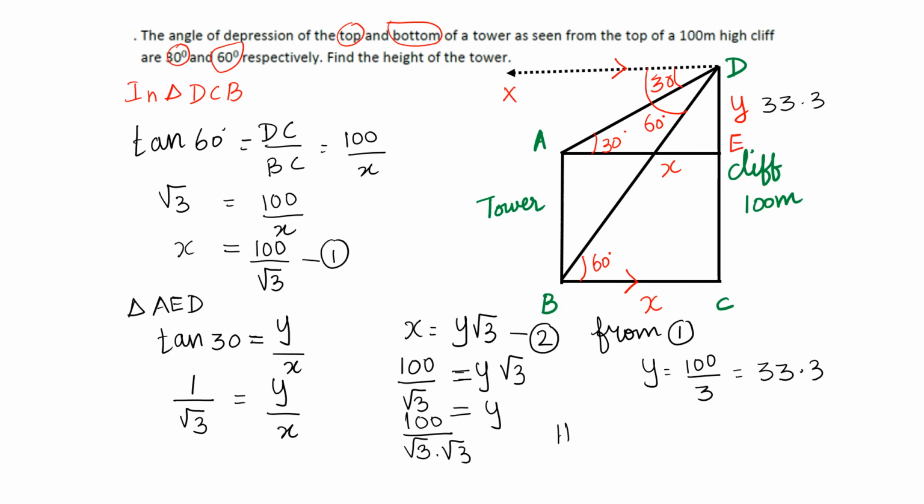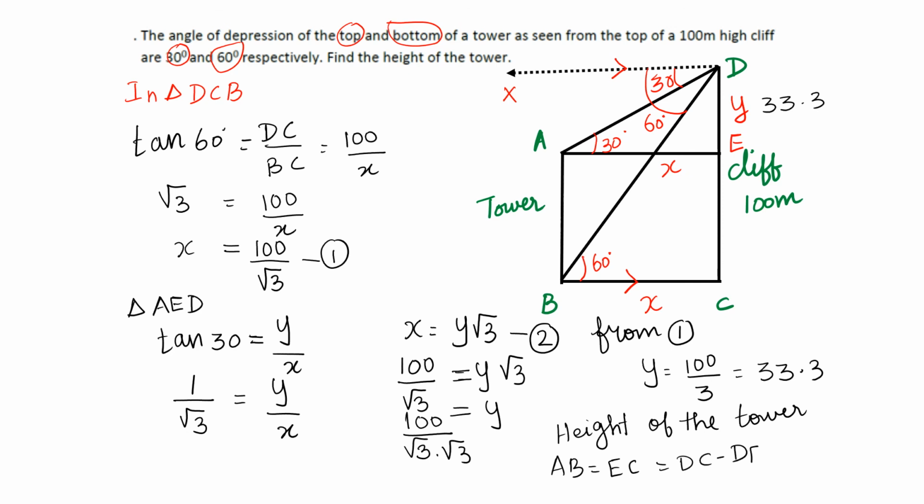Now height of the tower, you know, height of the tower AB is equal to EC, right? This EC equal to DC minus DE.